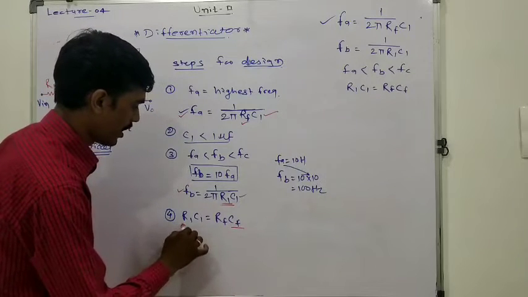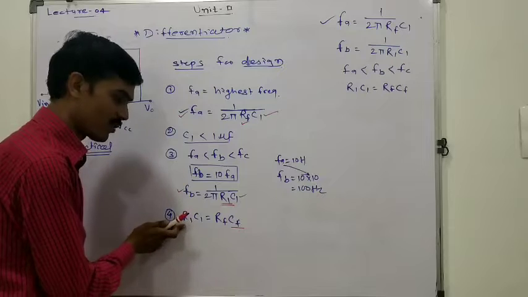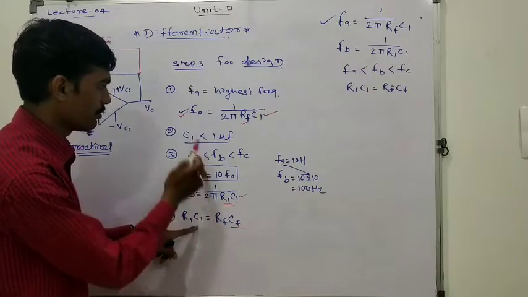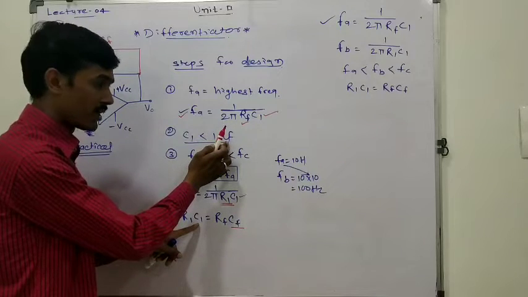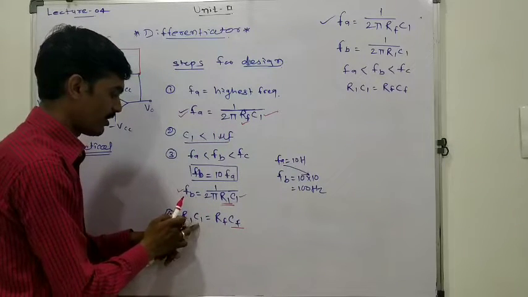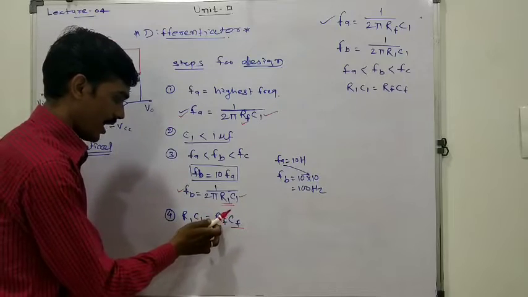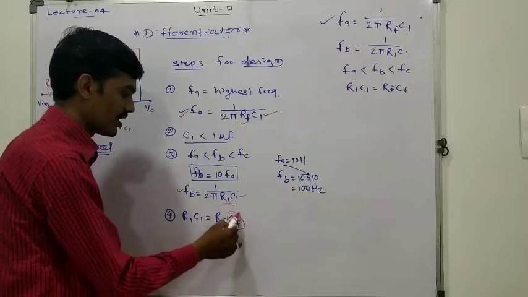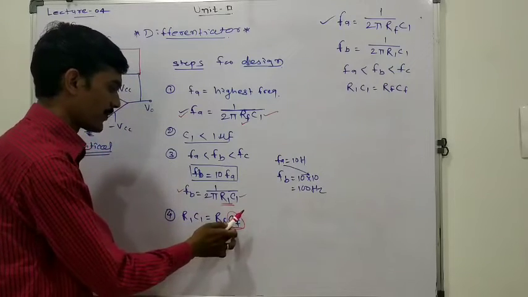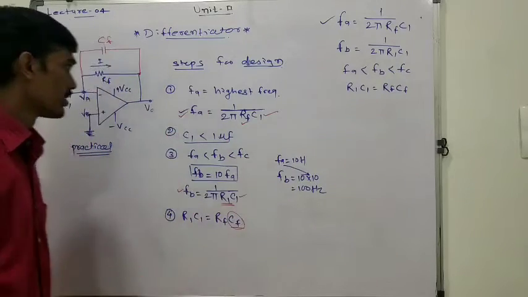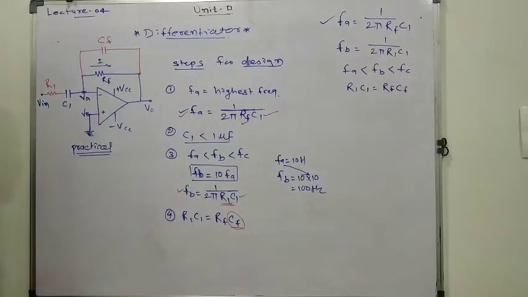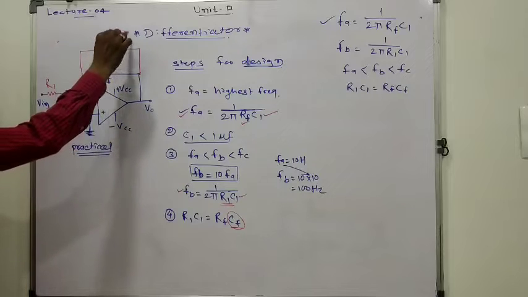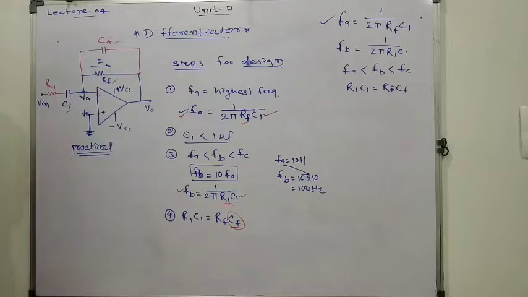By the formula R1 into C1, because we already calculated R1 here, and C1 we assume is less than or equal to 1 microfarad, we know the value of R1 C1, and RF we already calculated from the above formula, so the only unknown is CF. So from this fourth step we directly get the value of CF. So for this differentiator circuit, we get the values of R1, C1, CF and RF.